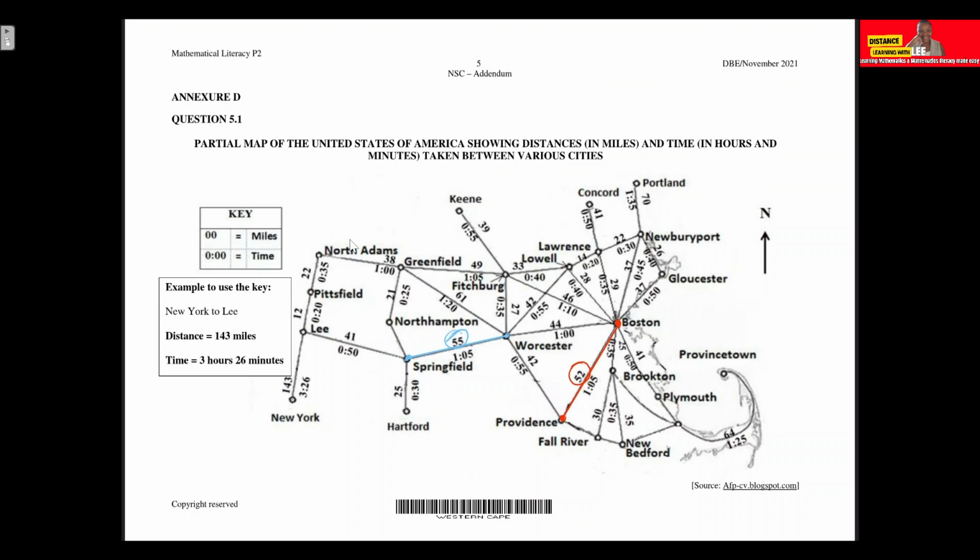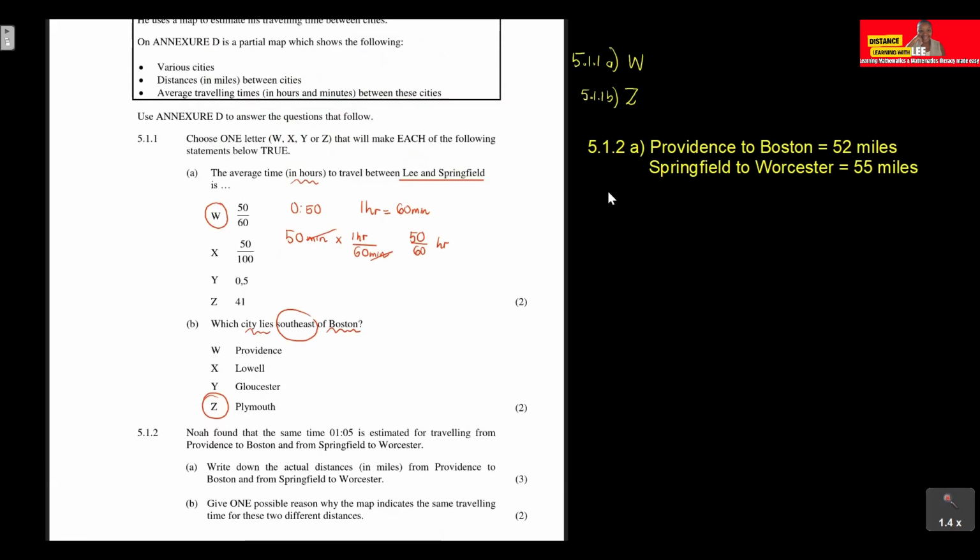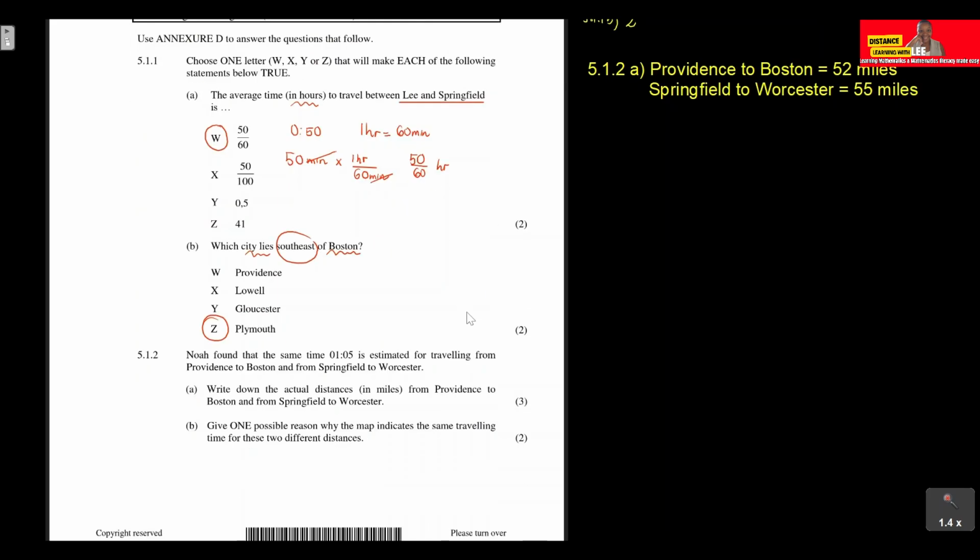So I hope you get what I'm trying to say here, what would cause these two routes to have the same time but different distances. Those are the different reasons that you could write. Let's write them down.